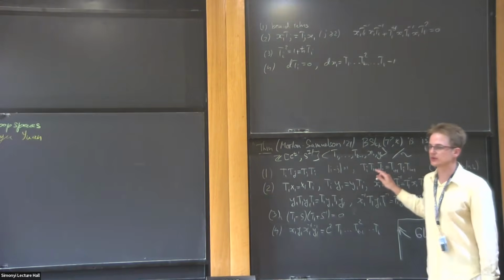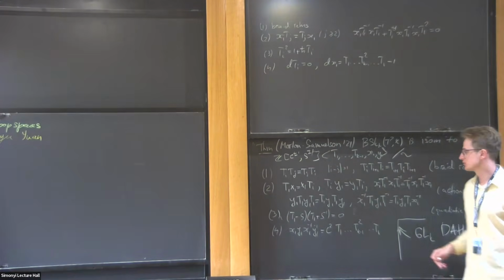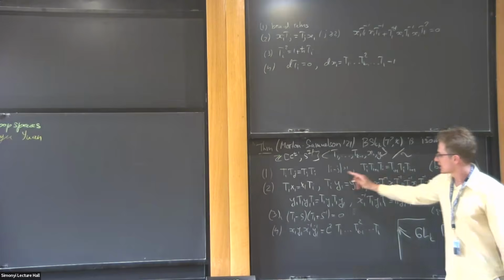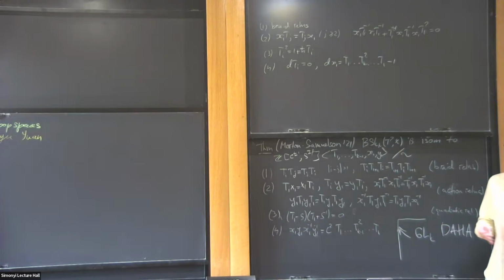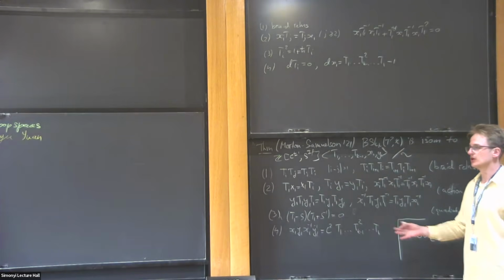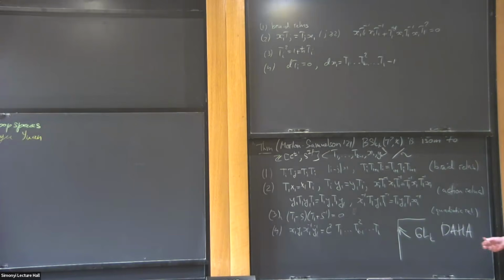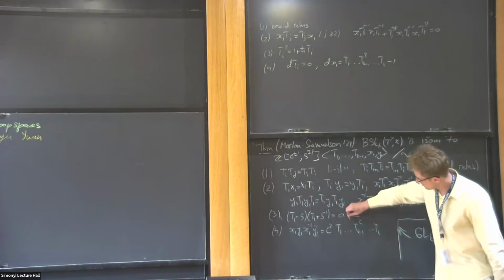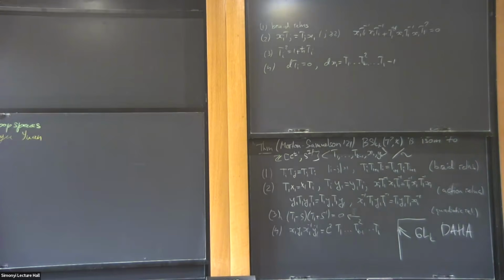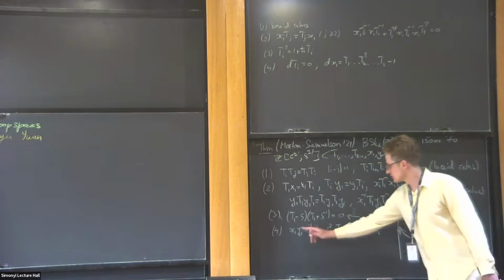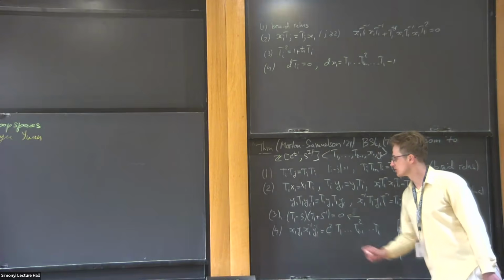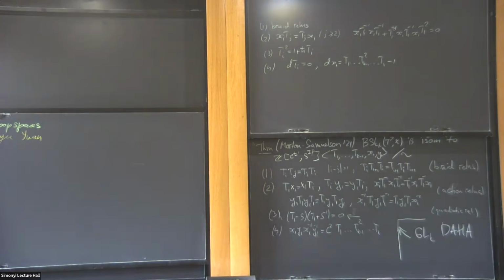These are standard braid relations for the braid group generators. Here is how they act on x1 and y1, so how you can commute x1 and y1 with these Ti's. This is the standard Hecke relation, which tells us how to compute the square of Ti in terms of lower terms. And this is an additional relation for commuting x1 and y1.